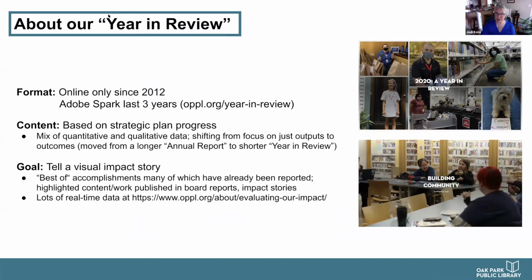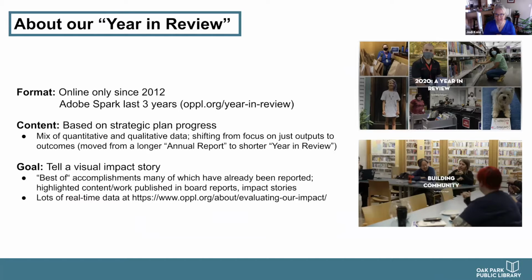I've used Spark the last 3 years, and our goal is really to continue to inform the community on the progress we're making on our strategic plan. We're lucky in that we have a lot of structure in terms of how to narrow down the information, in that we have 4 strategic priorities: engagement, learning, and stewardship.